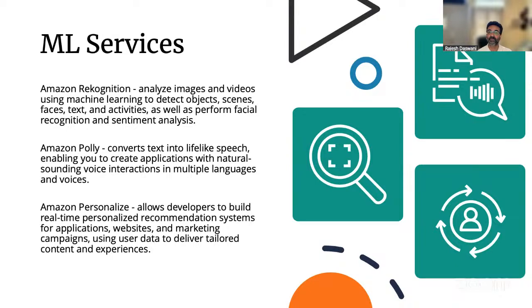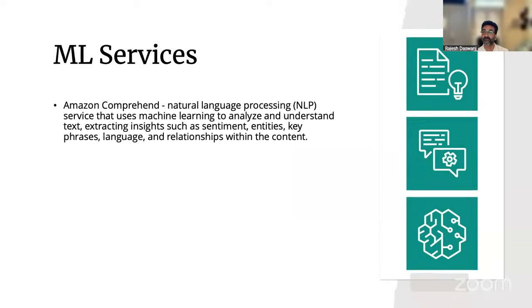We also have Amazon Personalize, which allows developers to build real-time personalized recommendation systems for applications, websites, and marketing campaigns using user data to deliver tailored content and experiences. There is Amazon Comprehend, which is a natural language processing (NLP) service that uses machine learning to analyze and understand text, extracting insights such as sentiment, entities, key phrases, languages, and relationships within the content.